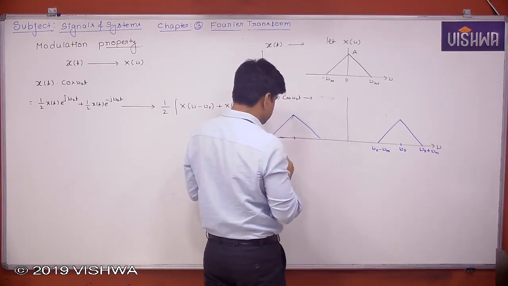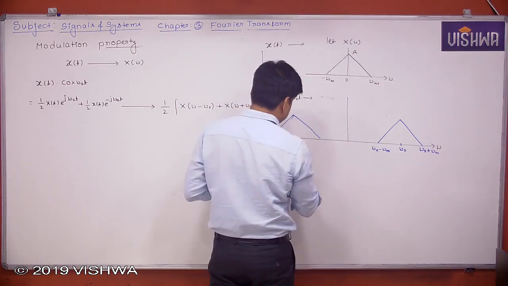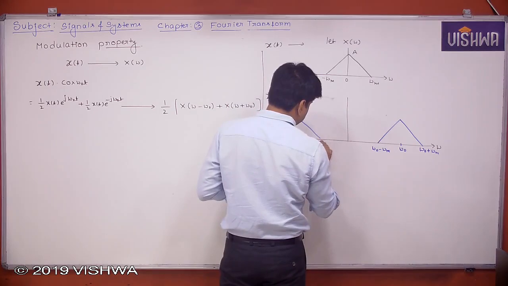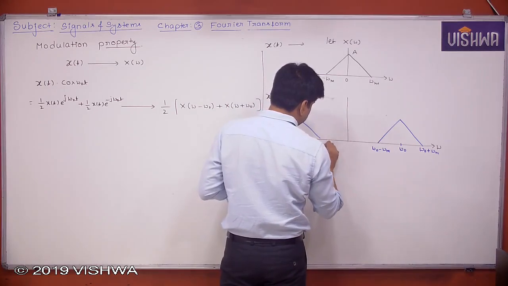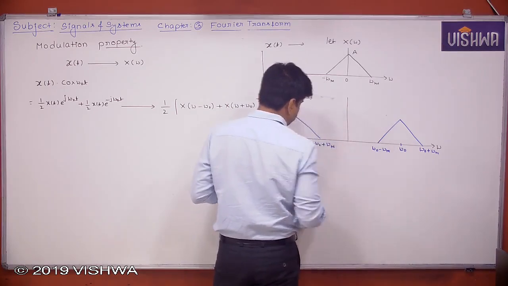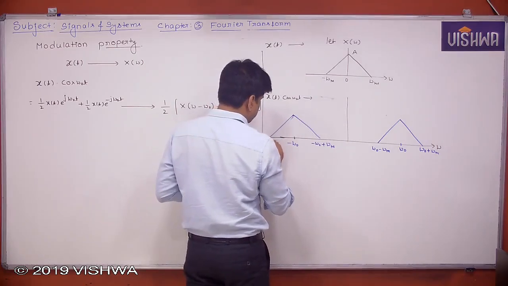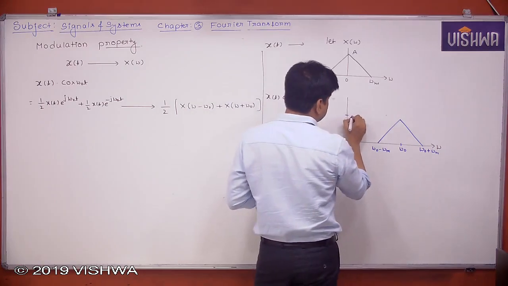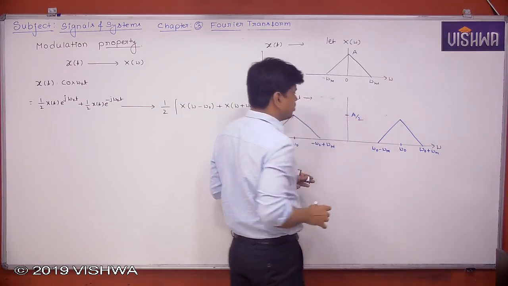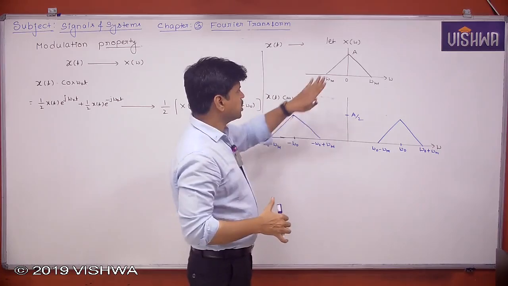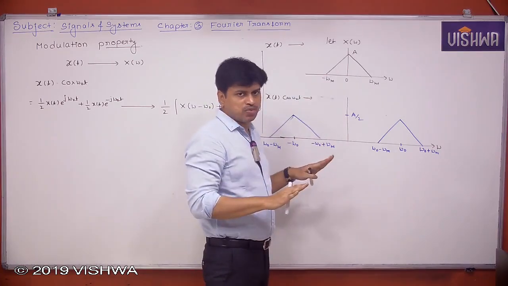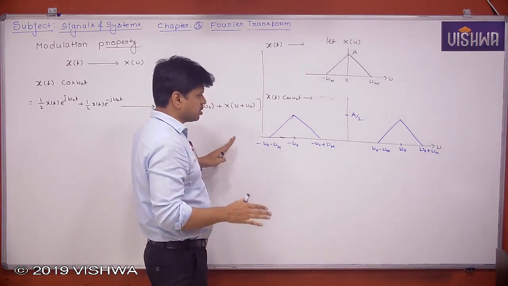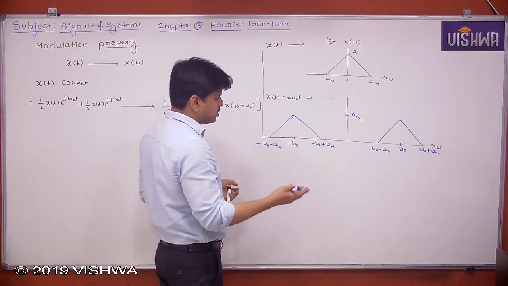So it is shifted to minus omega naught, spanning minus omega naught plus omega m to minus omega naught minus omega m. The amplitude becomes A by 2, the peak value becomes A by 2. That means the same spectrum is divided into two equal halves. One is shifted to omega naught, another is shifted to minus omega naught. That is what is happening here. Clear? Take it.